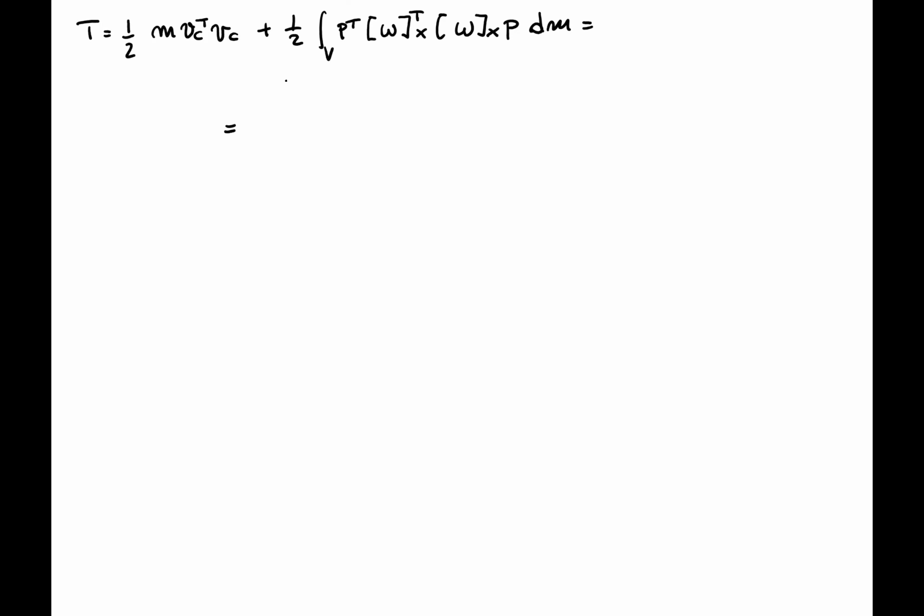And we keep working on this term, and we can notice that this is omega cross P, all transposed, and this could be written as minus P cross omega, again transposed, and this could be written as minus omega transpose P transpose.